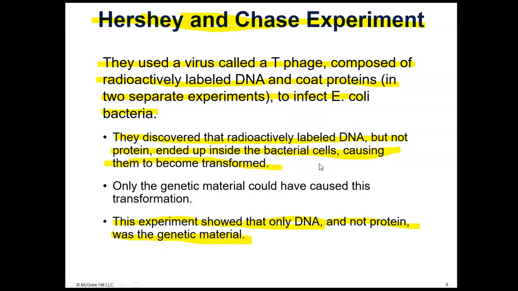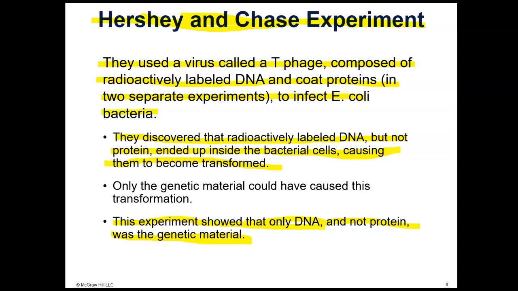And then when they did the same experiment, but they radioactively labeled the protein instead of the DNA, then there was no radioactive substance inside the bacteria. So by radioactively labeling the DNA and the protein, they could trace what ended up in the bacterial cells, and they knew for sure that DNA ended up inside the bacteria.